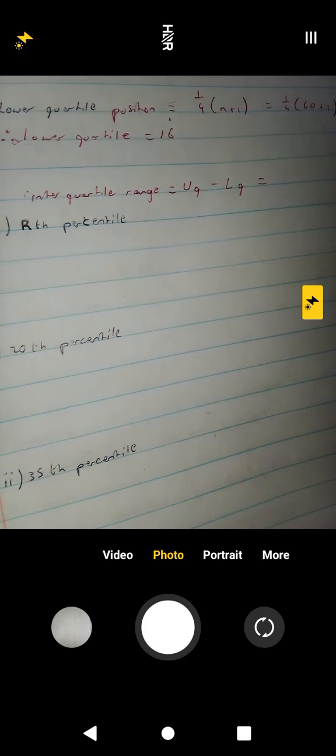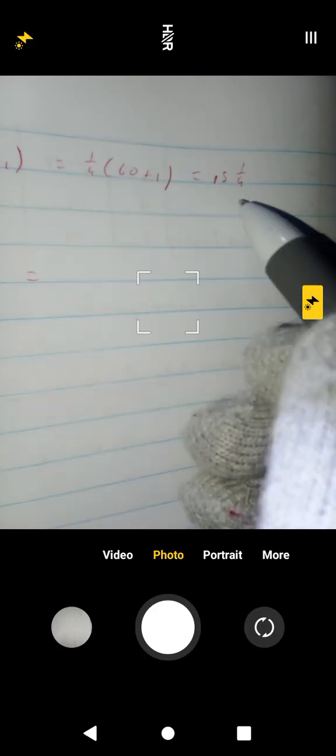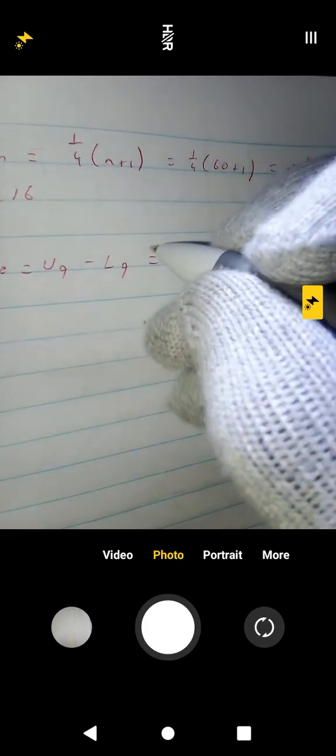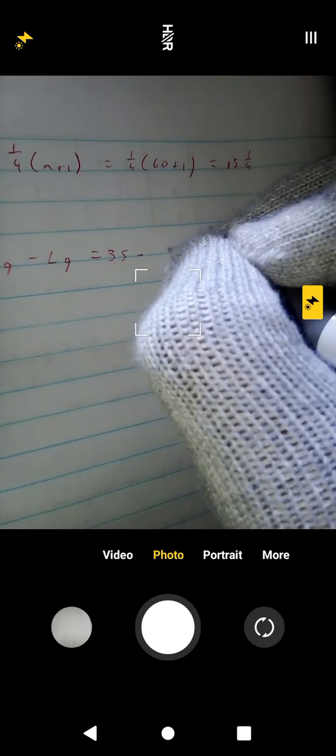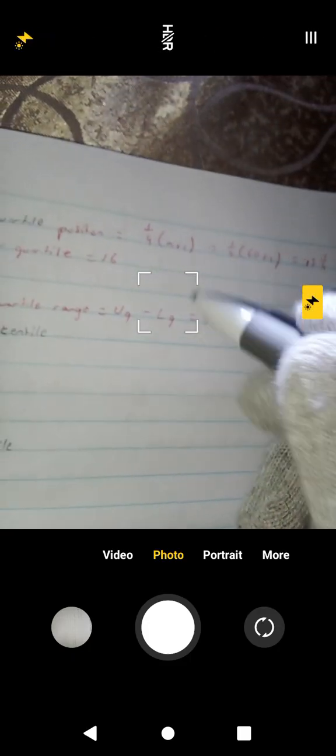So which means it's 35 minus 15 and 1/4. So our interquartile range, remember, oh sorry, it's 35 minus 16.